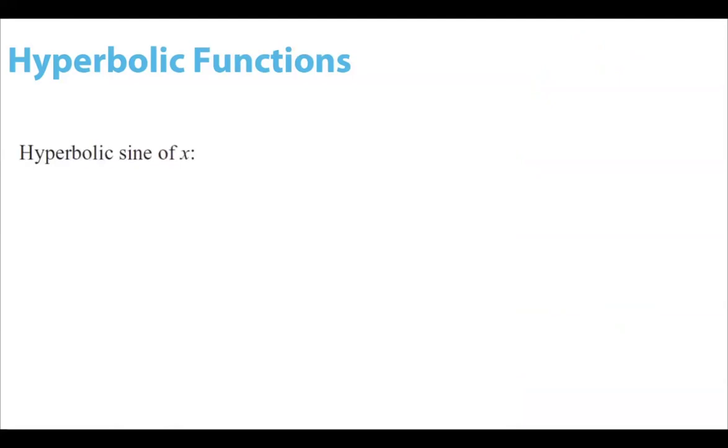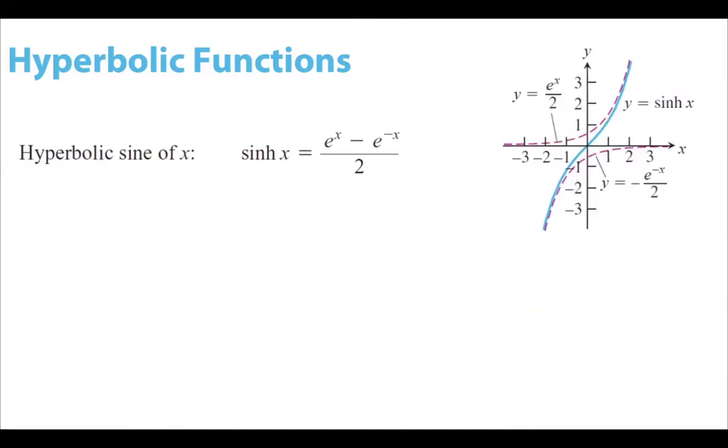Hyperbolic sine of x is denoted by sinh x, which is e to power x minus e to power minus x divided by 2. The graph of this function behaves like this. The hyperbolic sine is an increasing function.